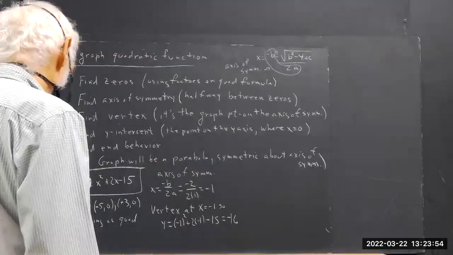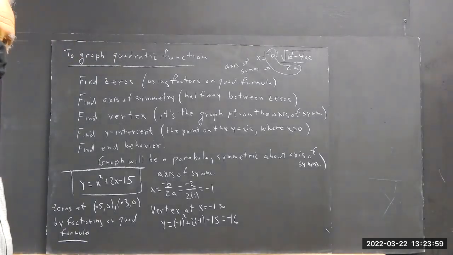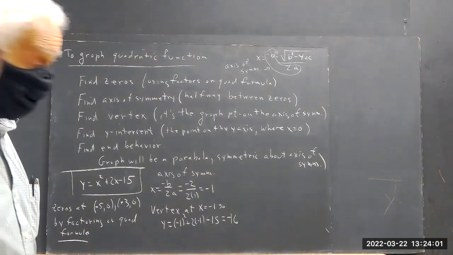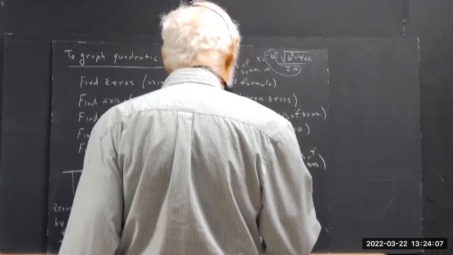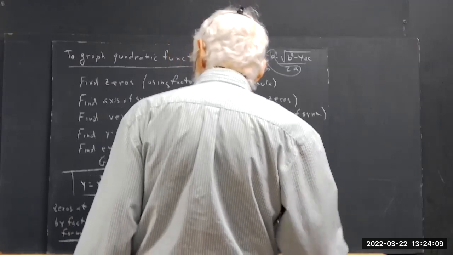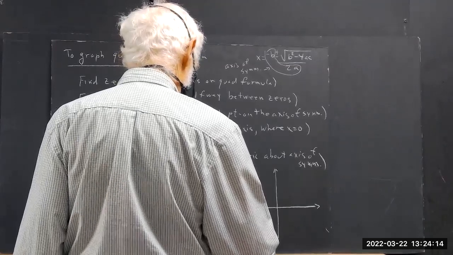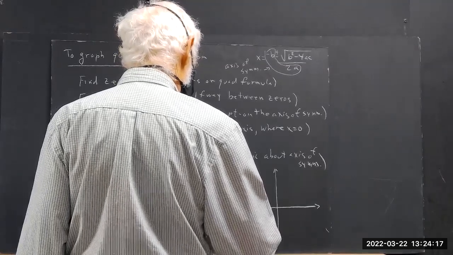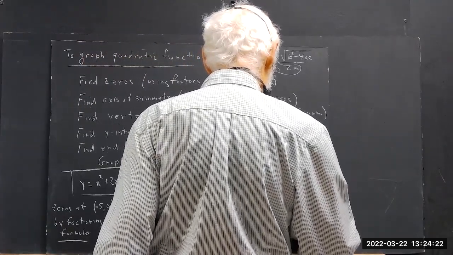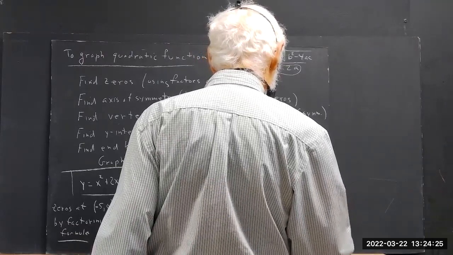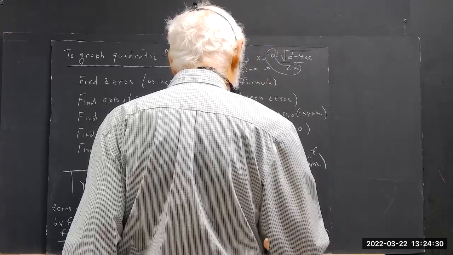Negative 16. So at that point, you've got pretty much everything you need. I'm not going to write out the details at the end of the paper. You should think about that. So you have negative 5, 0. And 3, 0. You got the axis of symmetry, which actually equals negative 1.